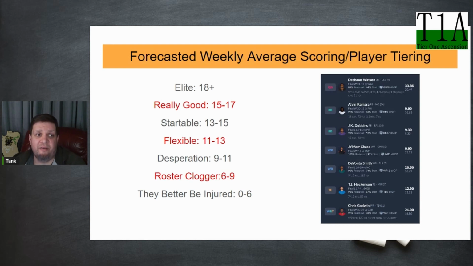They might have had good previous seasons, and you're just waiting for them to come back. But if that's all they're averaging, it's probably a good time to make a hard assessment and analyze what you're doing with that player. If they're averaging 0 to 6, they better be on IR or injured or suspended because they're not going to do anything for you.